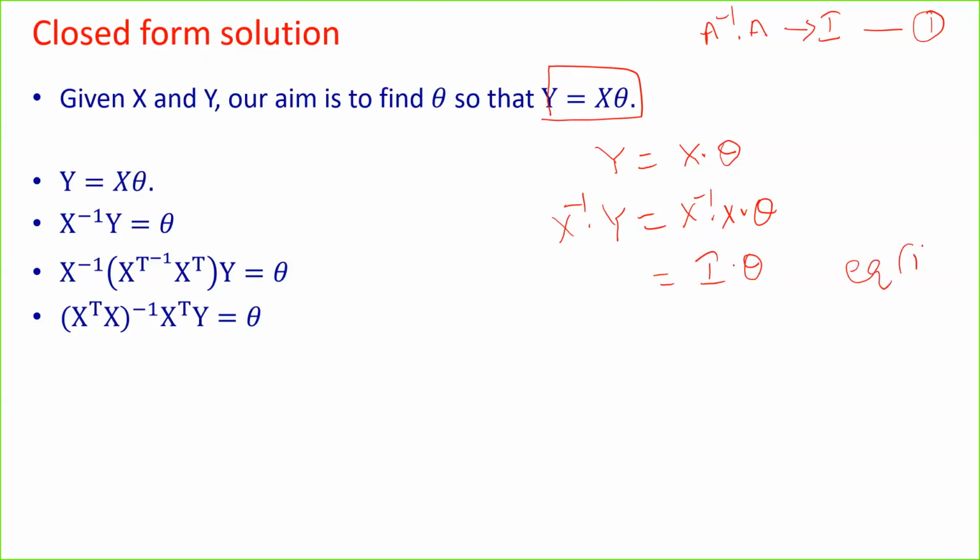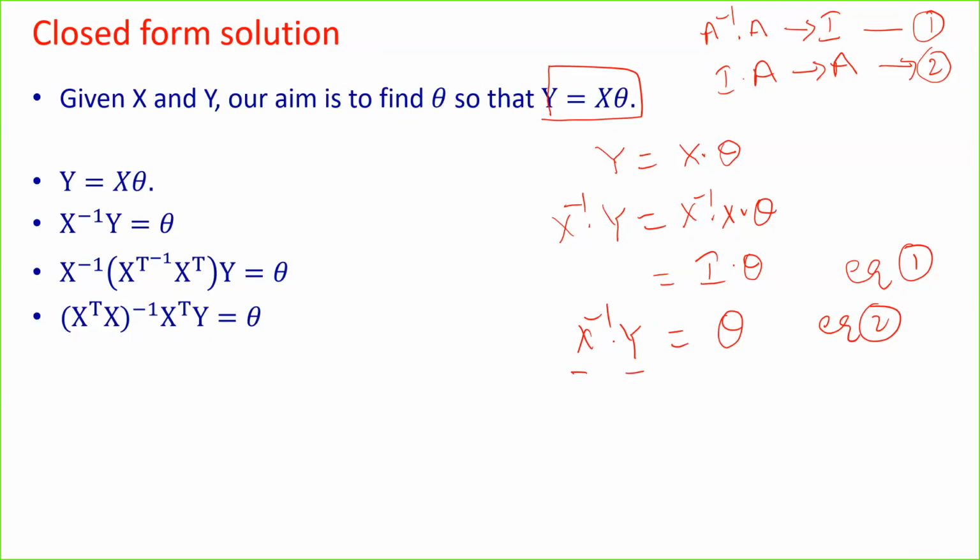Anything multiplied by the identity matrix is equivalent to that matrix, right? Yes. So using equation 2, x inverse y is equivalent to theta. We know what is x, we know what is y. Substitute, you will get theta.